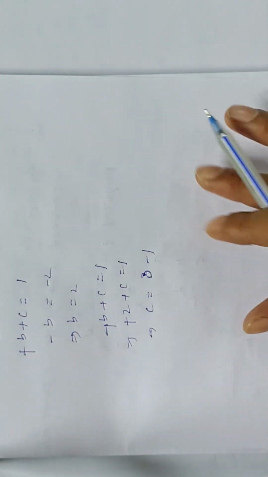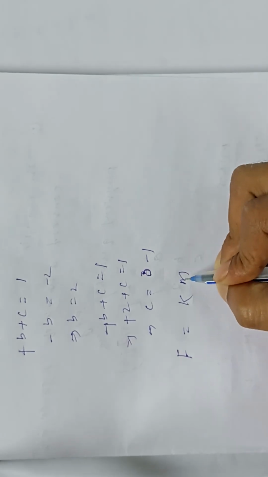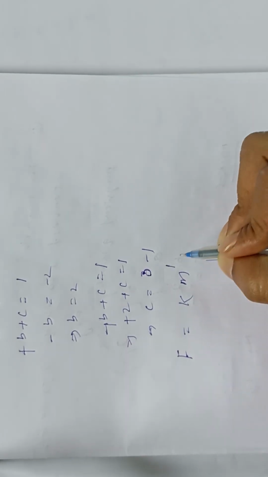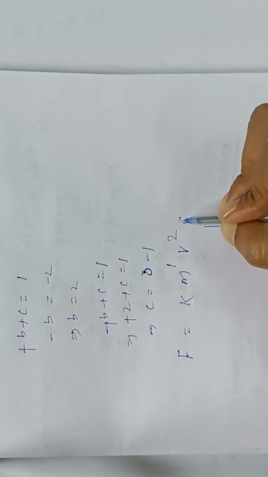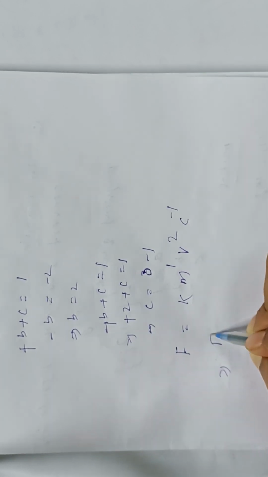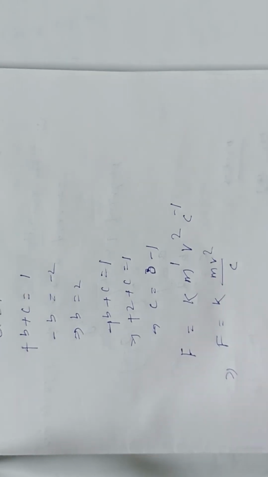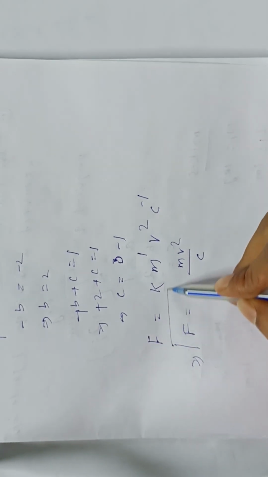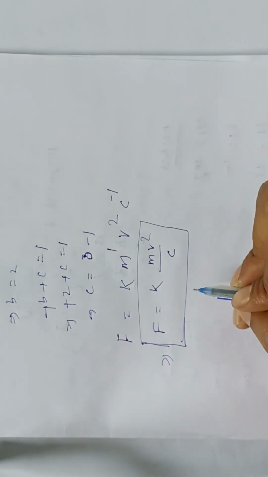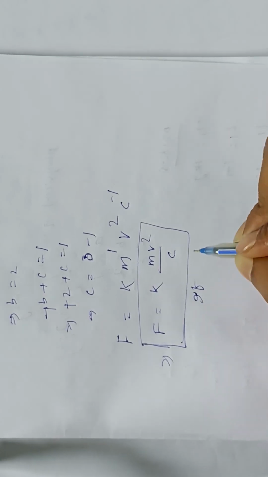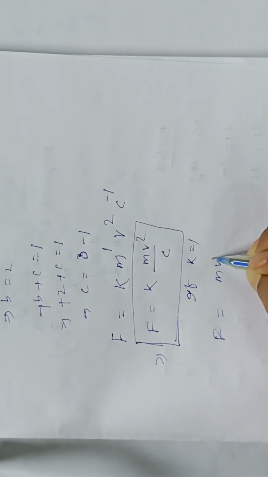So F equals k m v square by r. You know that this is the formula of centripetal force. That k is a dimensionless constant, or k is 1. If k is 1, then F equals m v square by r.